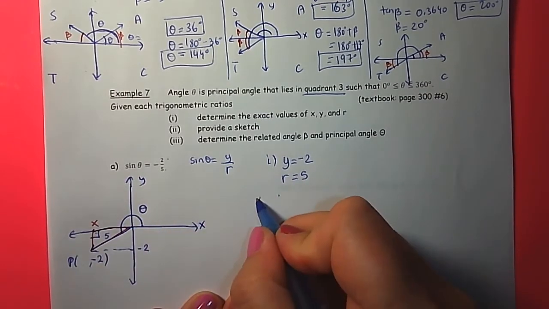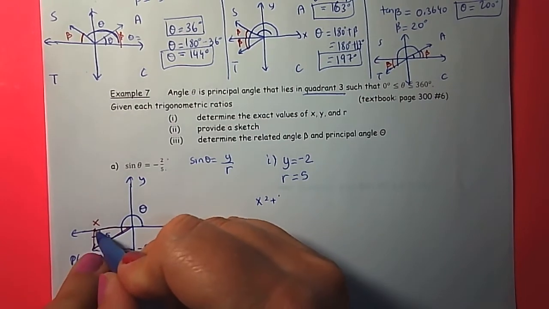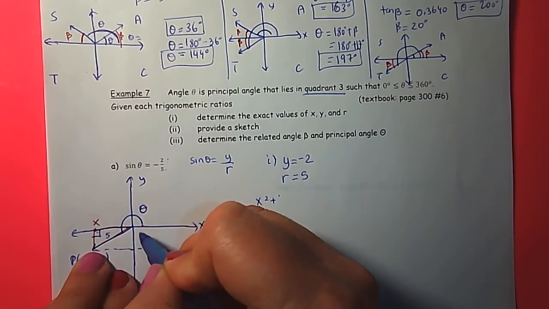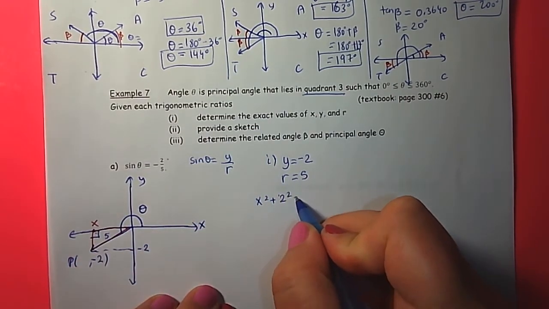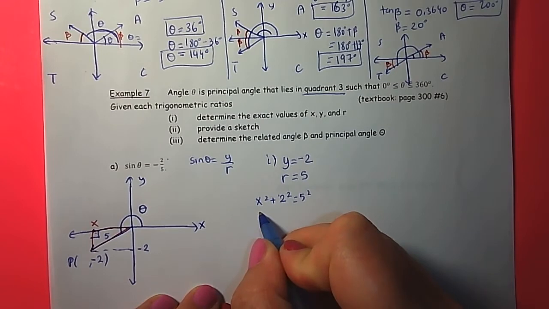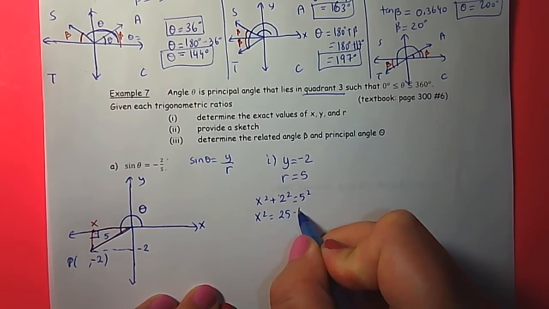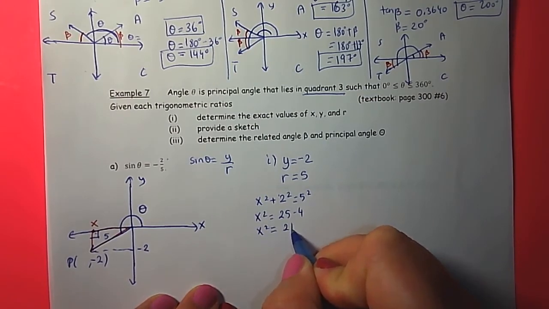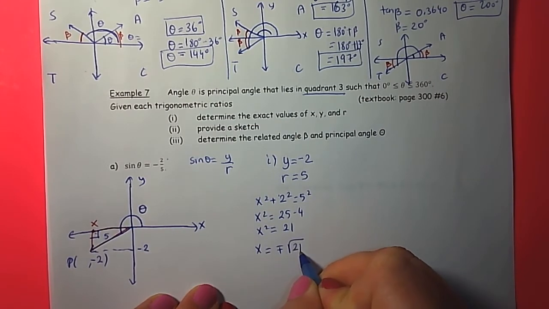That gives us x squared plus, again, it is -2, but if you look at it as a side length of a triangle, you can always take the positive value of it. So 2 squared equals 5 squared. X squared equals 25 minus 4. X squared equals 21. X, we get plus and minus √21.